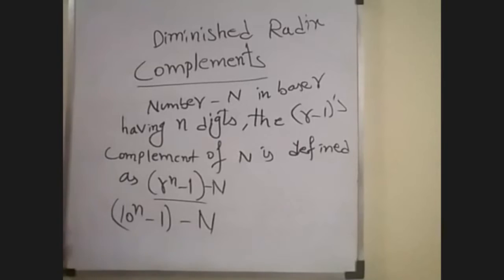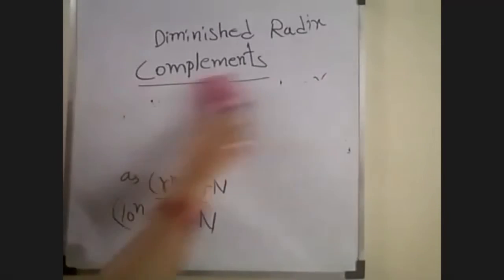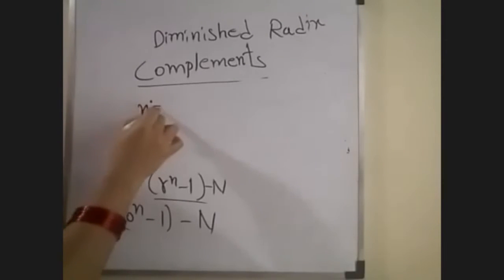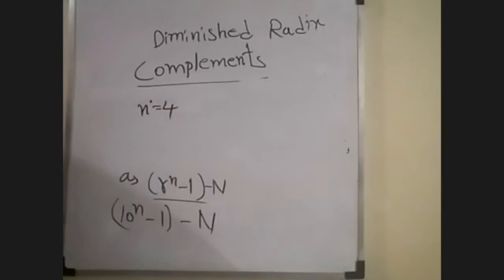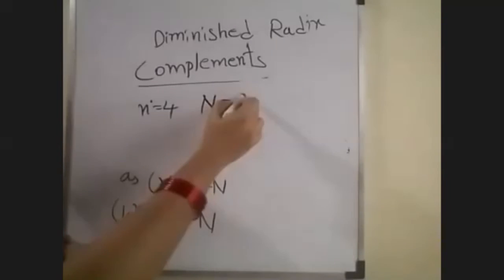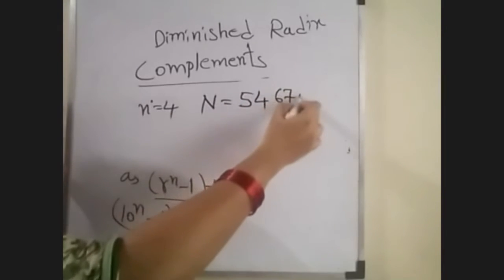Suppose the number of digits n is equal to 4. If n is equal to 4, we apply this formula: 10 power 4 minus 1 minus N. Apply the diminished radix complement on this decimal number system, where n is equal to 4 and the number value is 546700.